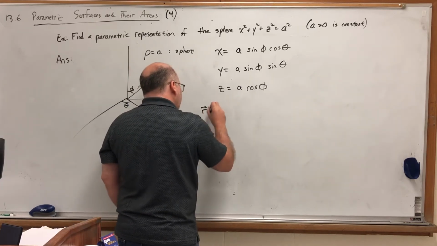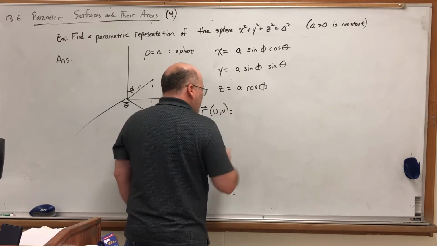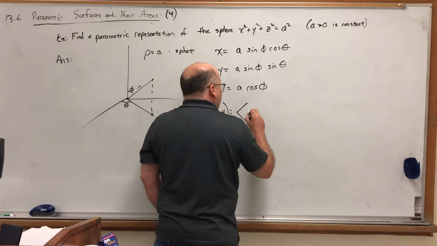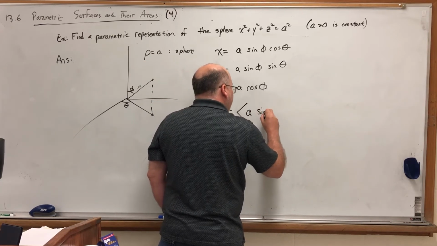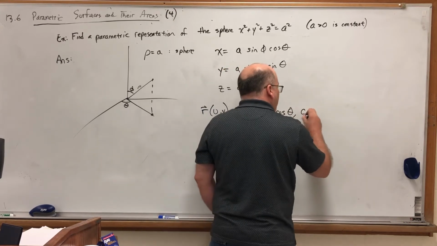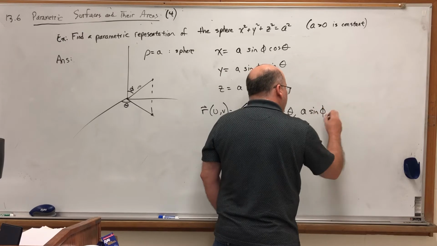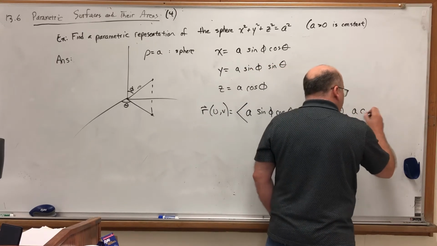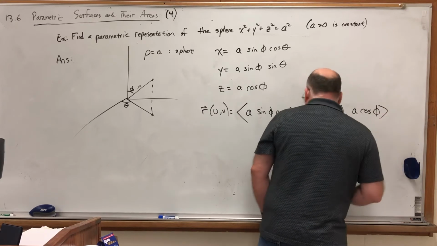So parametrically, we can describe a sphere using the following. The x component is a sine of phi cosine of theta. The y component is a sine of phi sine of theta. And the z component is a cosine of phi.